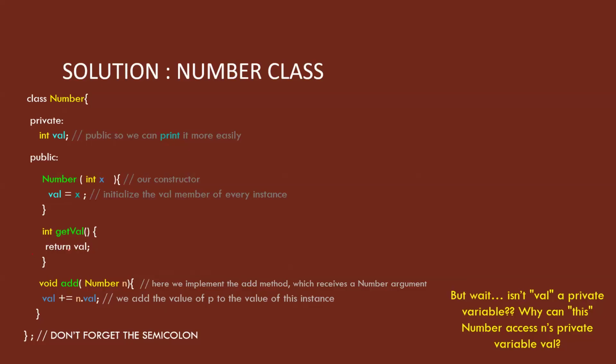Now this is really interesting and good to point out. Notice this is private. That means only I should have access to my data members. But guess what? When the thing that gets passed in is the same class, it's family. If it's part of the same class, we do get access to its private data members, even though that is a different instance.